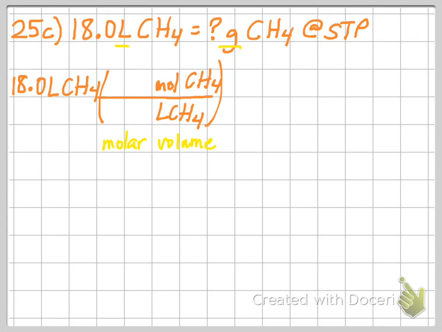When I look at that tool on my toolkit, it's 1 in front of moles and 22.4 liters in front of liters. Looking at my units, liters is crossed out, but I'm left with moles. I don't want moles. I want grams. So I know that moles are going to have to go in the denominator to cross out.